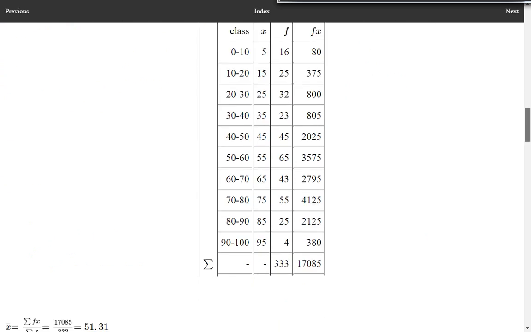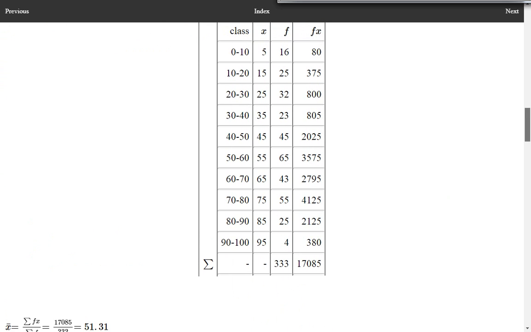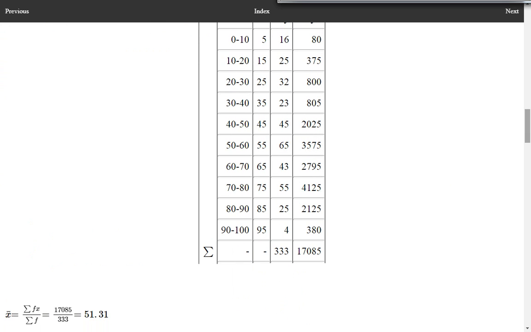Then the next step is to find the sum of all frequencies and products fx. So I request you to verify that the sum of this column of frequencies is 333, and the sum of these products of frequencies and observations is 17,085.